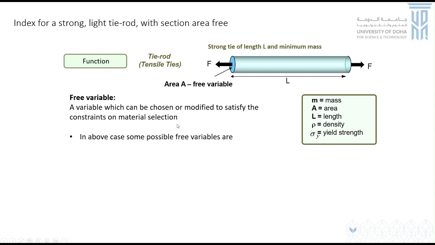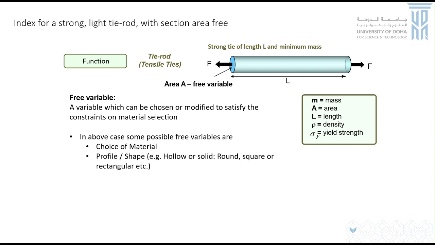One of them is, of course, the choice of material, because as soon as you change the material, you end up with a different yield strength and a different density, and that allows you to choose material. From the point of view of the geometry, you can have it either hollow or solid. You can have it round or square. Those are your design choices as well, right? At embodiment level, we are not fixing whether it has to be a rectangle or something else, but for the purpose of derivation, we have to consider one particular shape, right? So that's what we can do.